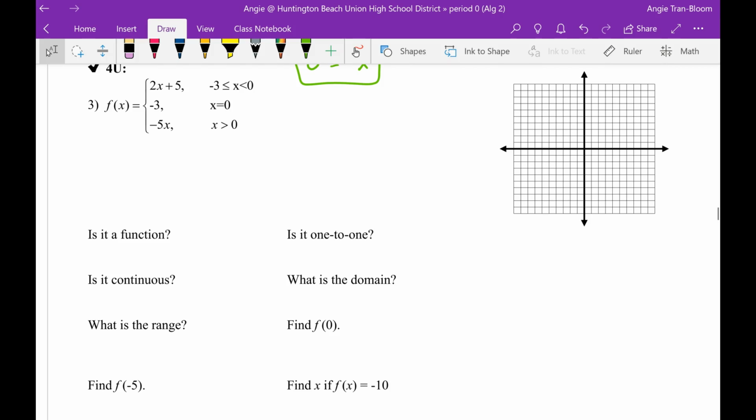How many functions? 1. How many pieces? 3. Right. 1 function, 3 pieces. What's going on with the middle piece? That is so funky. What's the middle piece say? Y is what?